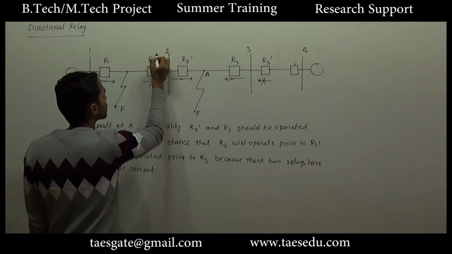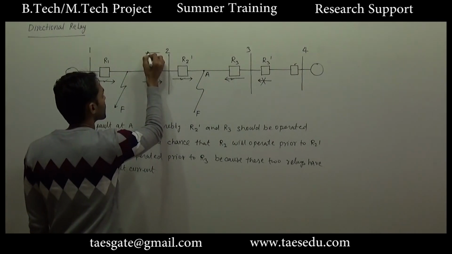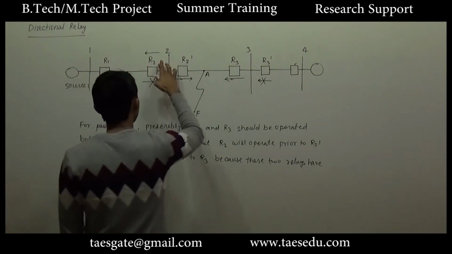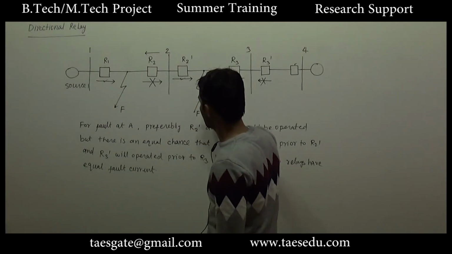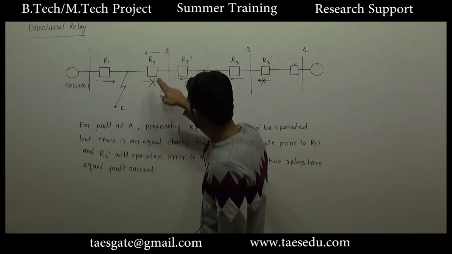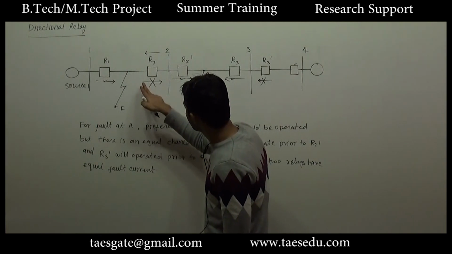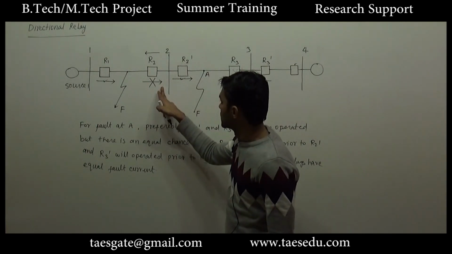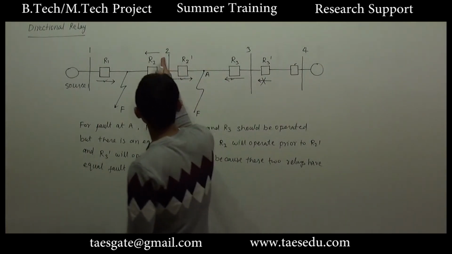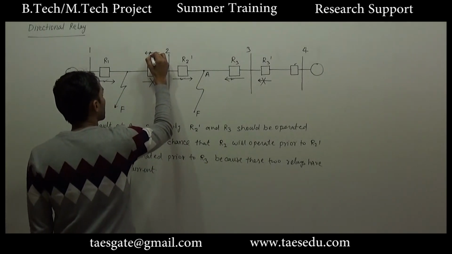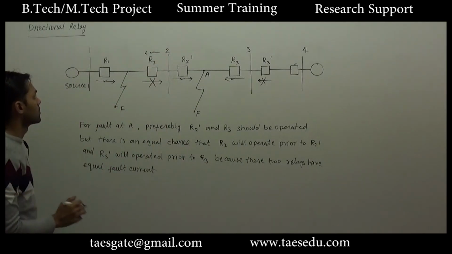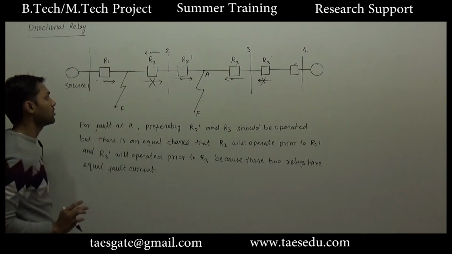The direction of current in R2 will be from right to left. The condition on R2 is that it should not operate for left to right direction of current, but it will operate for right to left direction of current. So relay R2 will operate. So for this fault, R1 and R2 will operate.